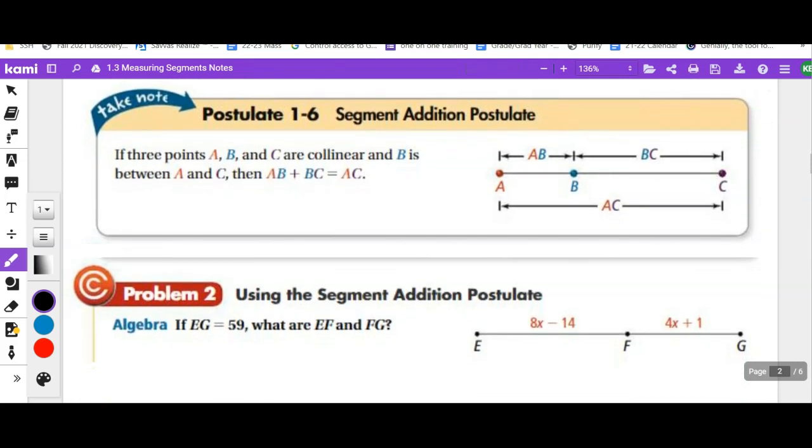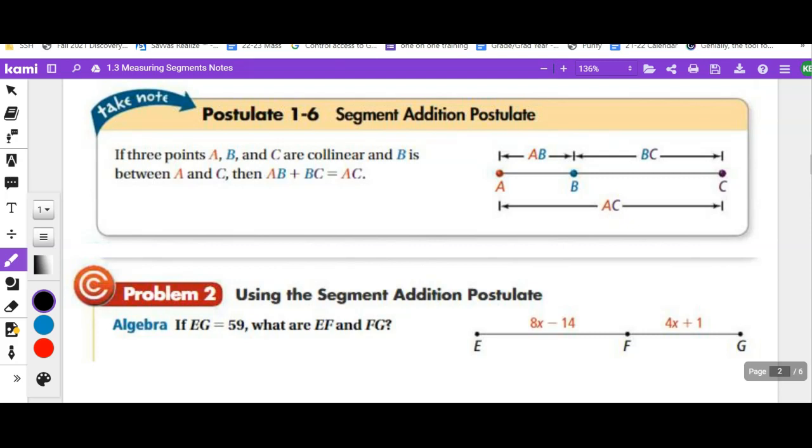Postulate 1.6, the segment addition postulate. If 3 points, points A, point B, and point C, are collinear, meaning they are on the same line, and B is in between A and C, then AB plus BC is equal to AC.